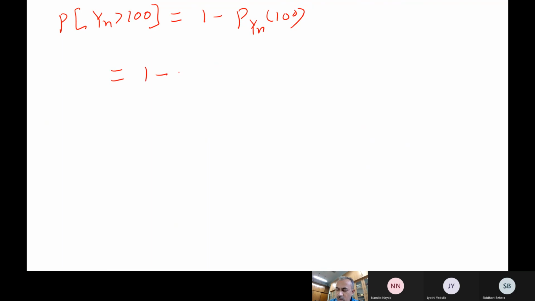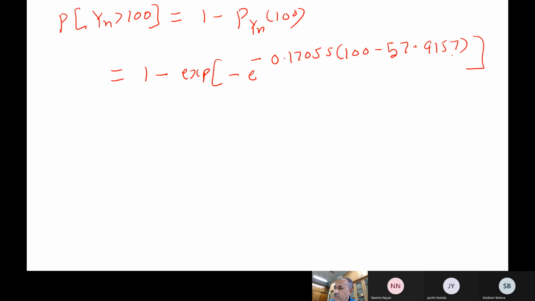So 1 minus exponential of minus e to the power of minus 0.17055 times (100 minus 57.9157). Substituting these numbers, this turns out to be 0.000763. So this is the probability.